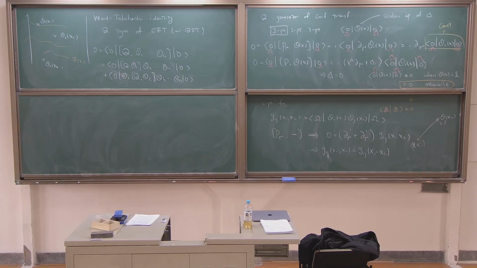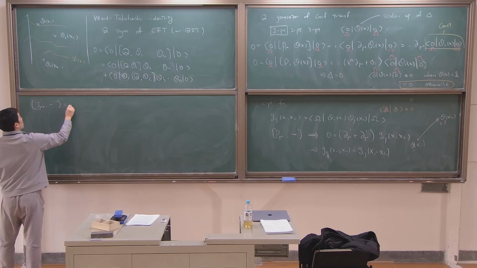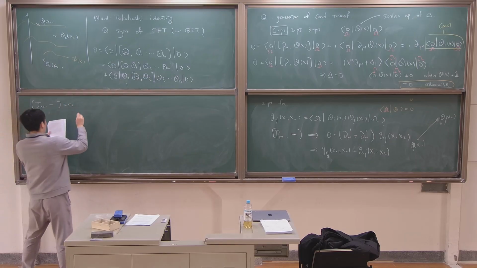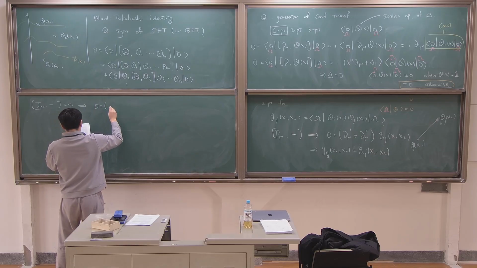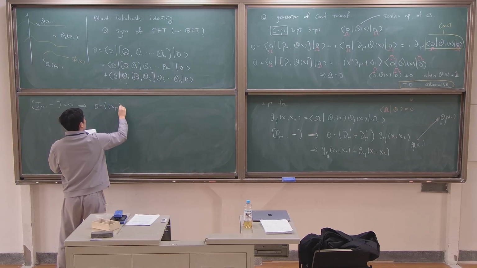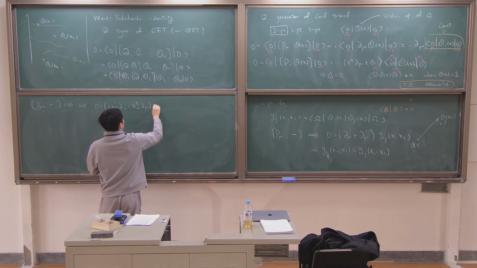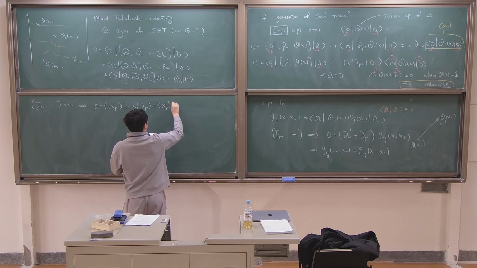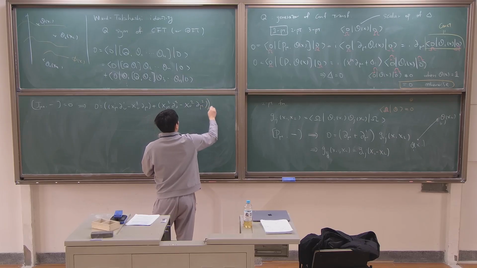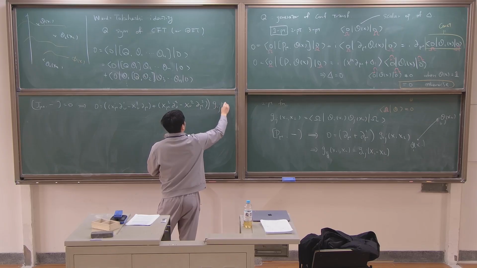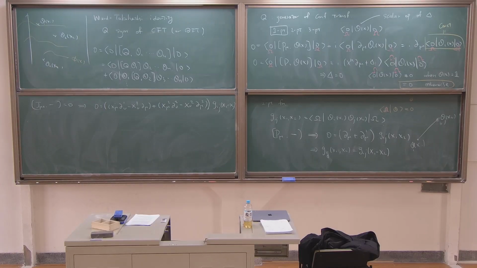Okay, what else? Let's use the rotation generator J. This one will give you the operator acting on G_ij(x1 minus x2) is equal to 0. So that's the case.